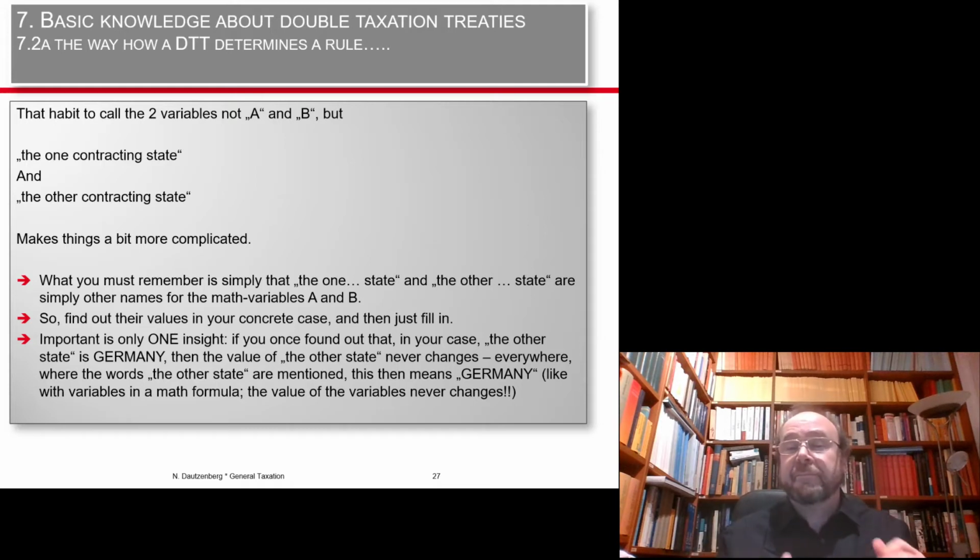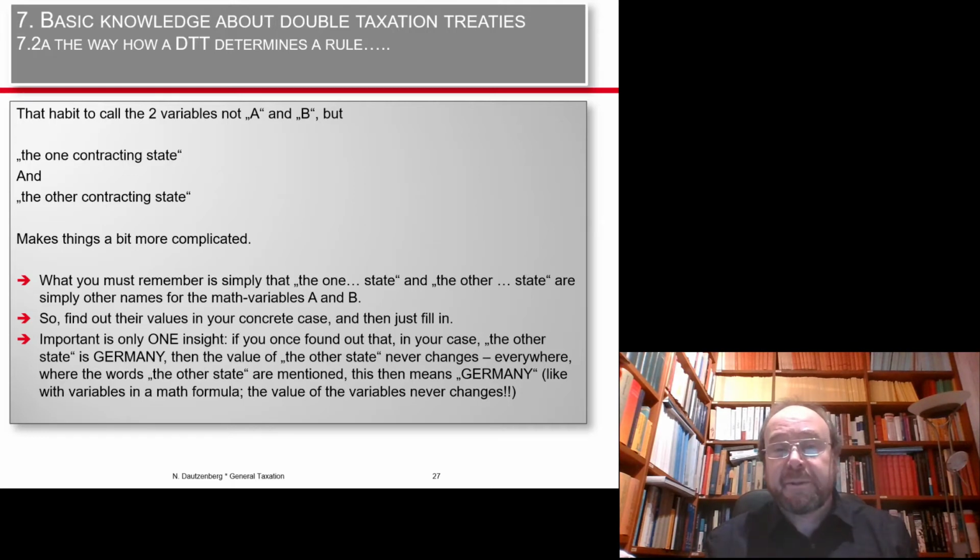By the way, that leads to nice expressions. One could even say, when you read so much about contracting states, then you get contractions yourself. But you have just to accept that the one state and the other state are the double taxation treaty terms for State A, State B.